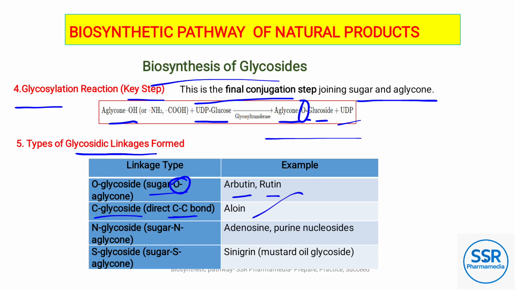Examples: arbutin and rutin are O-glycosides. Aloin is a C-glycoside. N-glycosides mean the sugar moiety is connected with the nitrogen of the aglycone, and examples are adenosine and purine nucleosides. S-glycosides mean the sugar is connected through sulfur, and a cyanide group is connected with the aglycone, as in sinigrin and mustard oil glycosides.